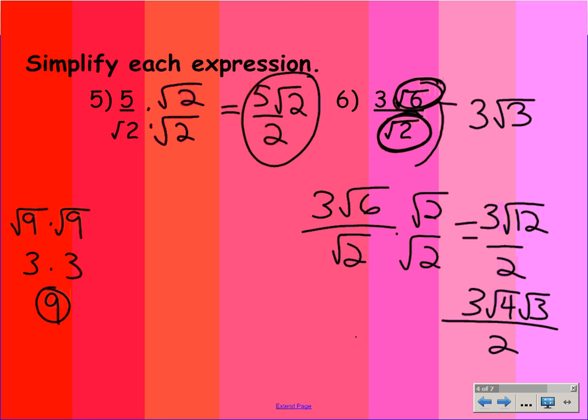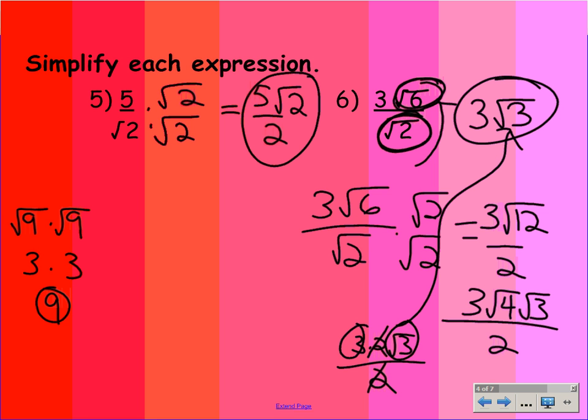So now I have 3 times 2, radical of 3, all over 2. So look what happens. That's going to cancel. All that's left is 3 times the square root of 2, which is exactly where we were to begin with, although our first choice was a much better way to get there.